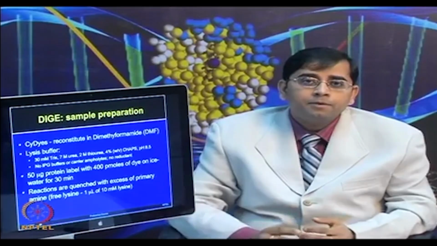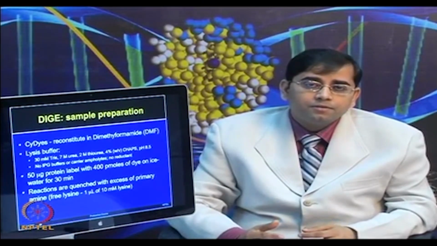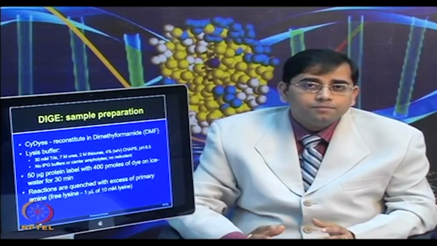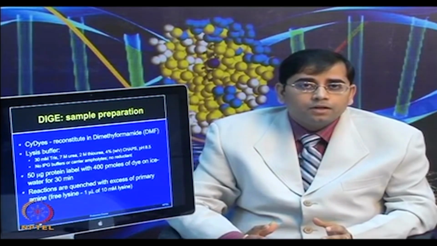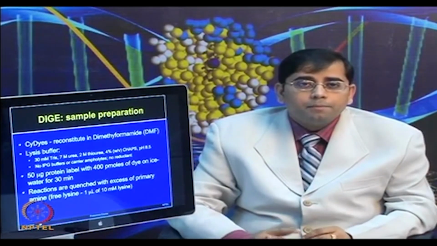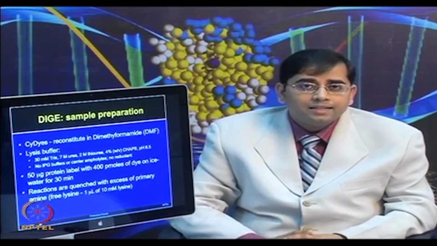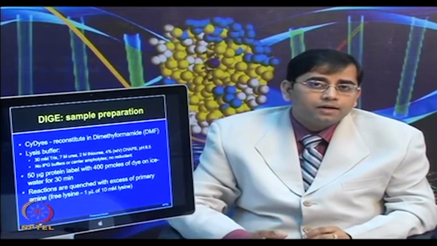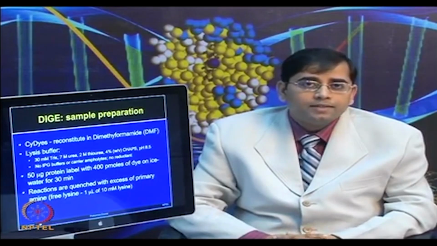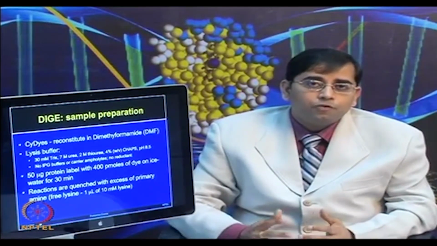If you remember our previous discussion, to visualize a gel with Coomassie stain, you need more protein. Even for silver and other stains, you need a good amount of protein, but these fluorescent dyes are very sensitive. So, you are looking for a very small amount of protein, and 50 microgram is sufficient for performing this experiment.